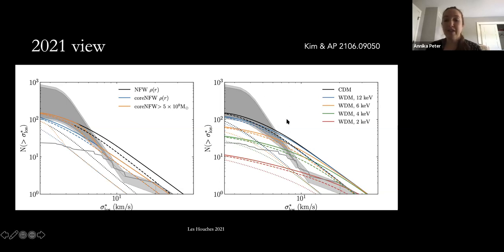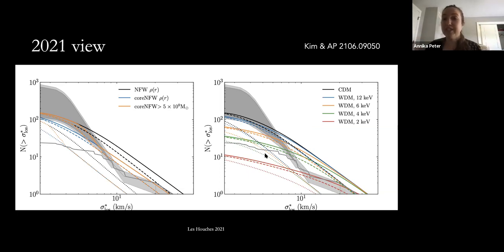On this right-hand panel, we did something similar for warm dark matter models, which I'll talk about in a bit. Warm dark matter models are models of dark matter where dark matter is born semi-relativistically in the early universe. Because those particles are moving at high speeds in the early universe, they tend to wash out matter fluctuations on small scales.